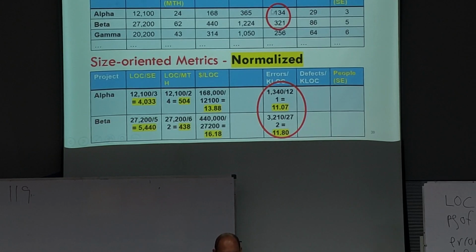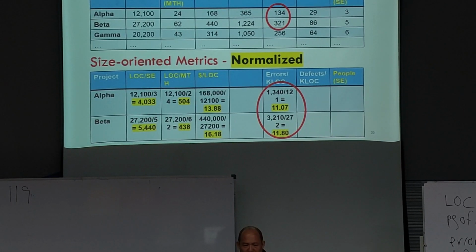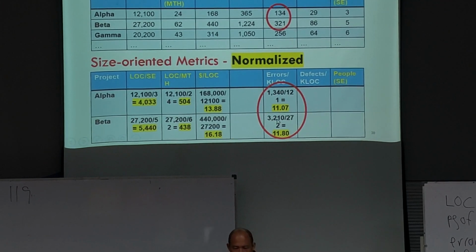So the raw numbers show a big difference in quality between alpha and beta. But after normalizing the amount of errors, there's not much difference.